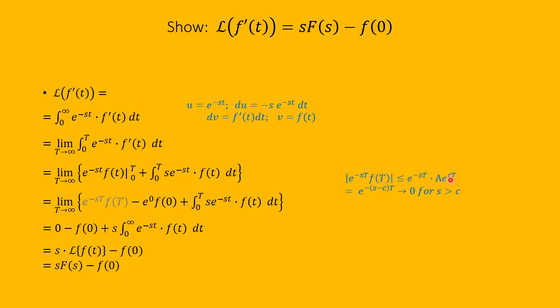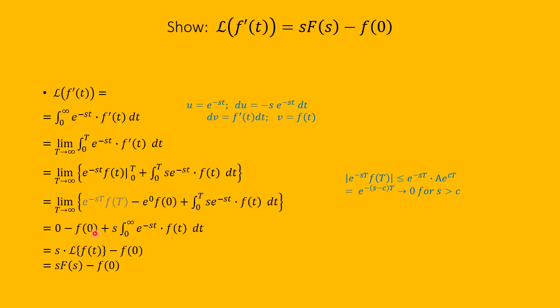And now these can be combined into a times e to the minus (s minus c) T, and as long as s is greater than c, this thing will go to 0, because we'll have e to a negative number times something that goes to infinity. So this exponent goes to minus infinity, and e to that exponent goes to 0.